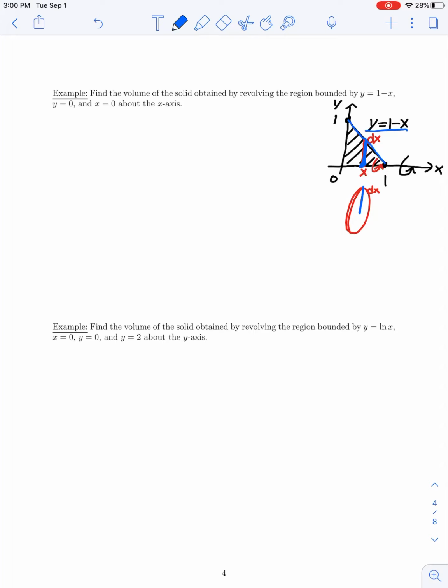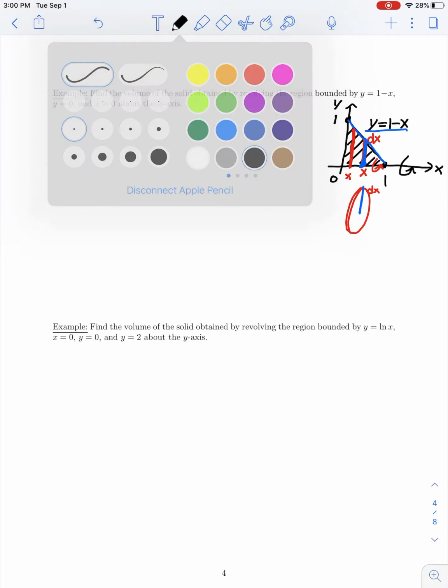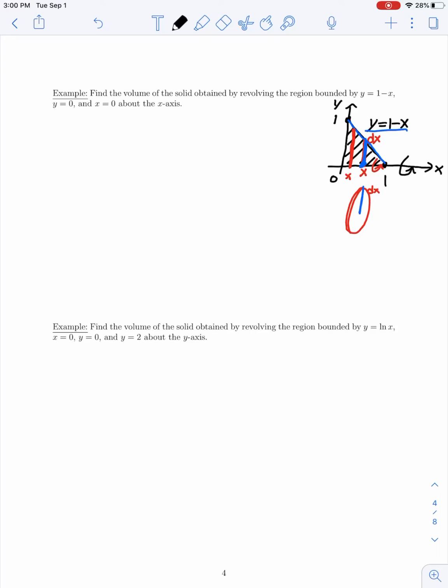So depending on what value I choose for x, I'm going to have a larger radius for my disk, but the radius is always given by 1 minus x. So we see, since we have a disk shape for our cross-section, that we could use the disk method. So here I'll say using the disk method.